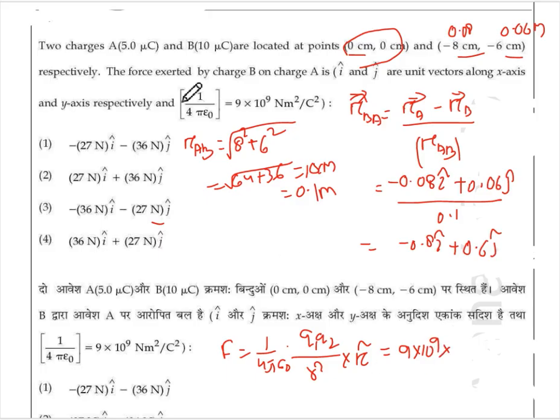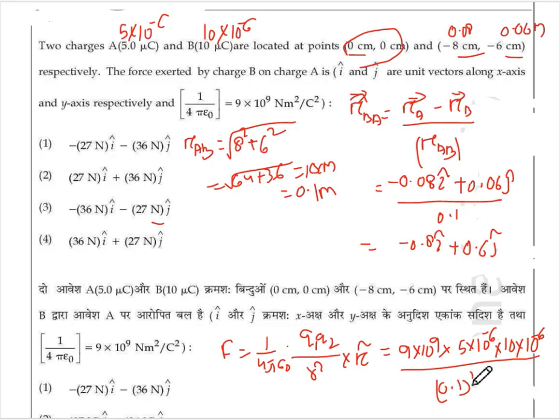Q1 is 5 microcoulomb, so it will become 5 into 10 to the power minus 6. Q2 will become 10 into 10 to the power minus 6. So directly I am just multiplying and putting the values 5 into 10 to the power minus 6, and 10 into 10 to the power minus 6, divided by 0.1 square into r cap.